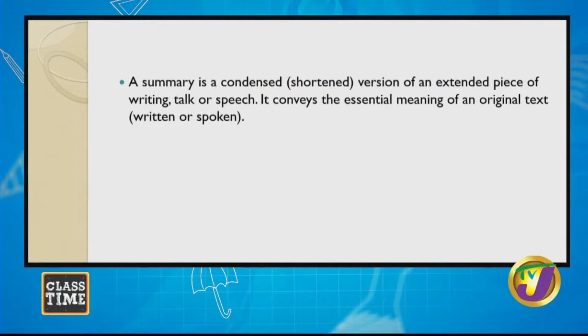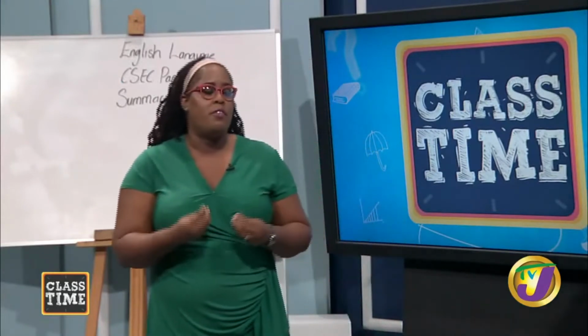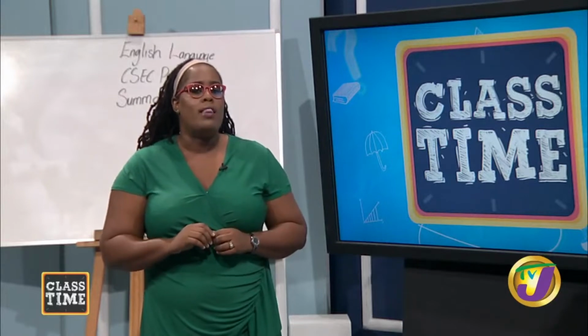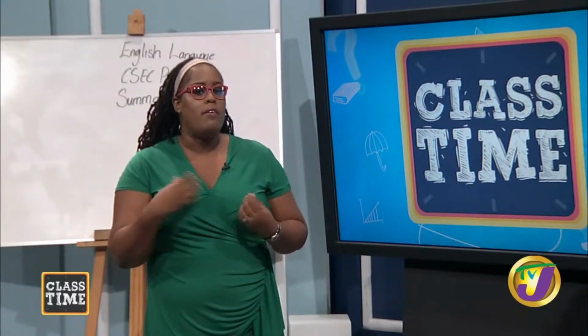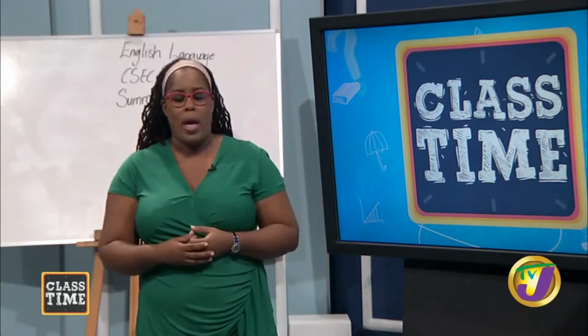It conveys the essential meaning of an original text, written or spoken, right? So we need to remember that the summary is a condensed or shortened version of a piece of writing. And we need to also remember that we don't just summarize written work, we summarize talk and text as well.